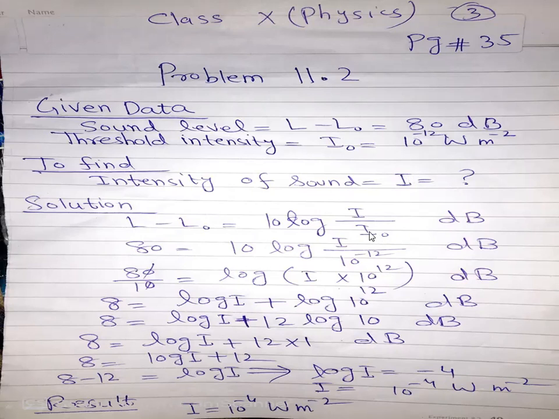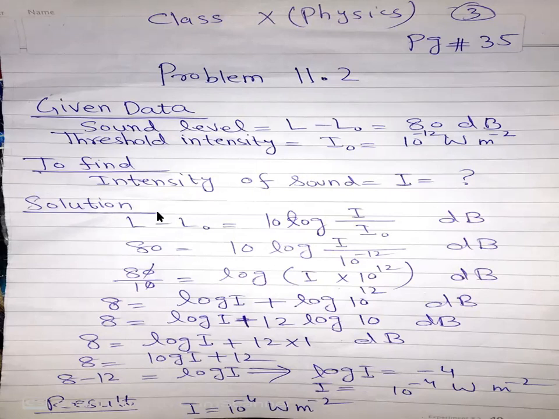You can find this formula on page number 125 of your 10th class textbook under equation 11.5. Intensity level is equal to 10 log I over I naught.